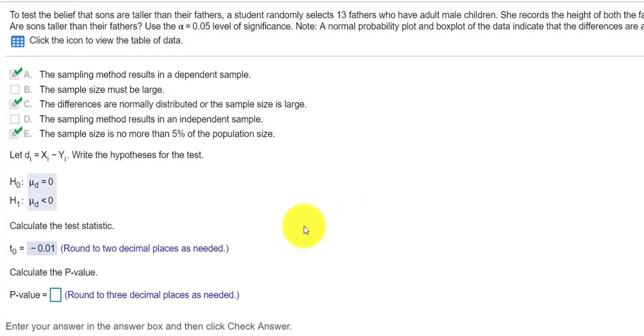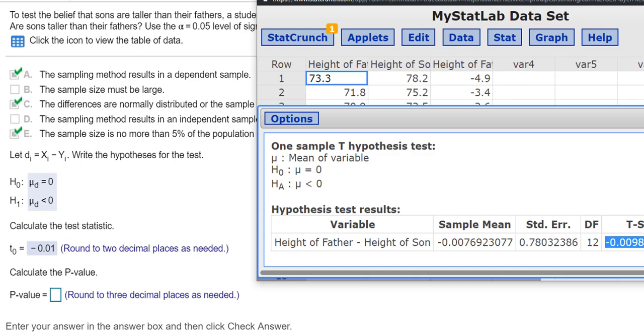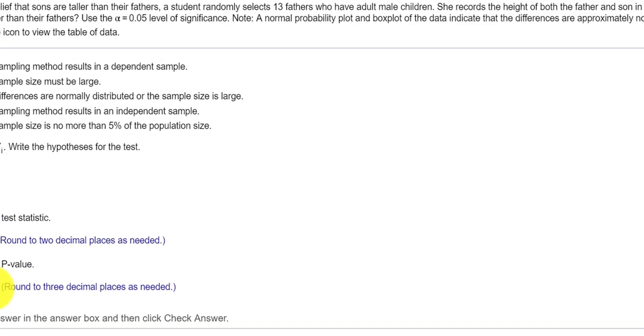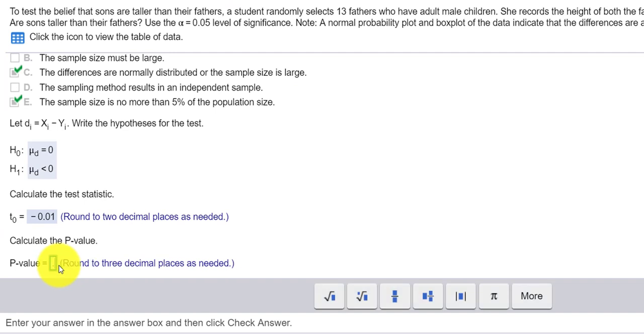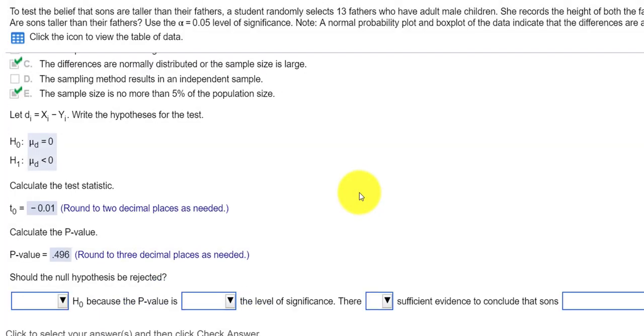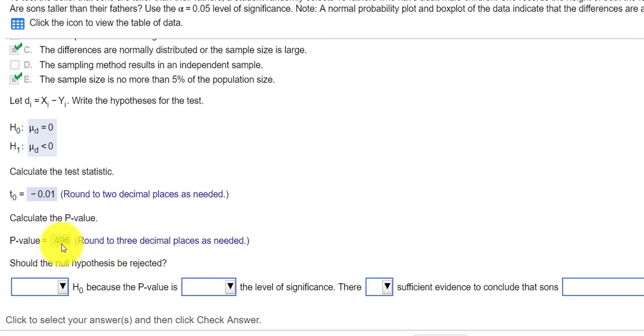Good job. Next, it says calculate the p-value. We've done that already. Our p-value in this case was 0.496, so I'll enter my 0.496. That's 3 decimal places. I check answer. Looks good. And then it asks, what was the level of significance?